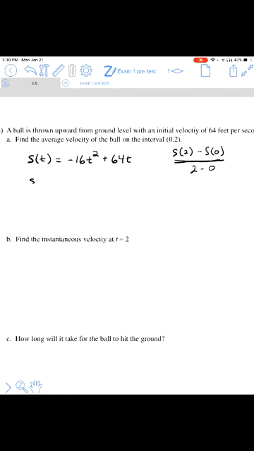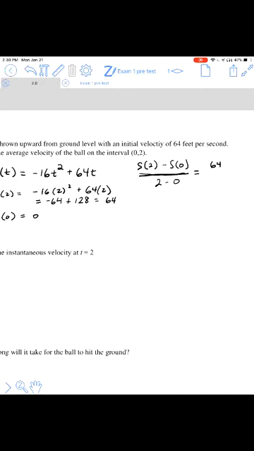So s of 2, negative 16 times 2 squared, plus 64 times 2, s of 0 is just going to be 0. We plug in a 0 for all of those t's. So 2 squared is 4, 4 times negative 16, negative 64, and then 64 times 2, 128, that equals 64.